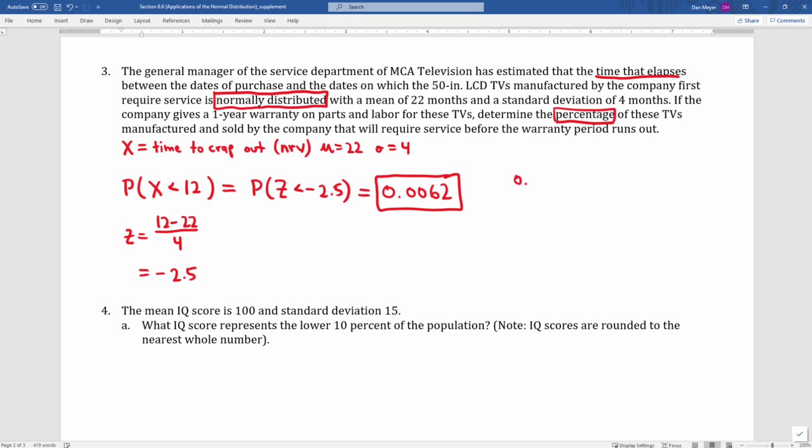So we could say 0.62%, or less than 1%, which I suppose is good. 1% of TVs. Anyways, understanding that we're trying to find a probability about a normal random variable, it's not as big of a leap to understand that this is the probability that we're thinking about.